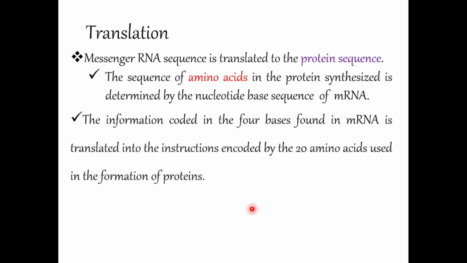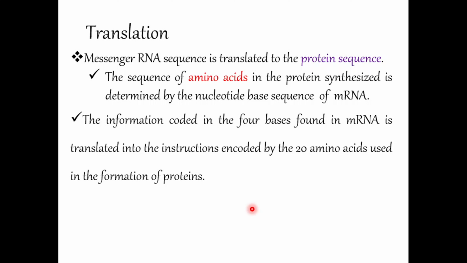There is a production of RNA. That RNA might be messenger RNA, transfer RNA, ribosomal RNA, or another kind of RNA. From all kinds of RNA, messenger RNA is very important. It is a coding RNA. It codes for protein.